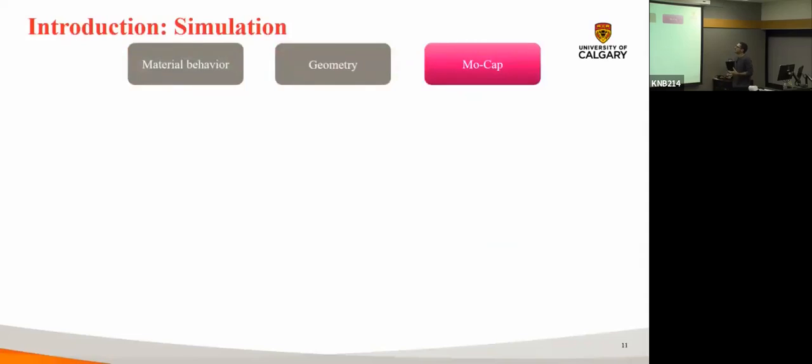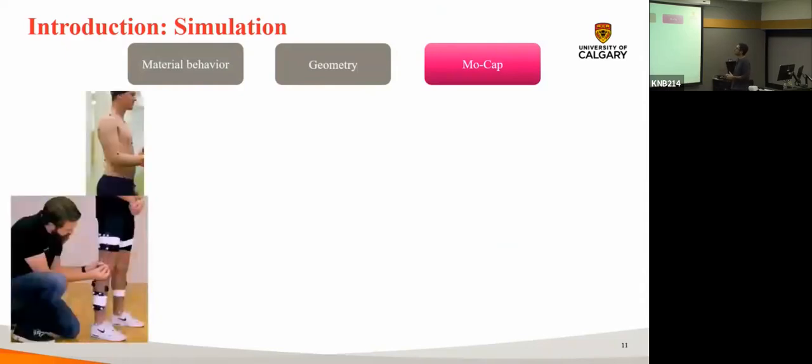The third step in simulation is, okay, you have material, you have geometry, but you need to do simulation to change the state of this model. If you want to change the state, you need to capture the motion of that. So we call that motion capture or mocap. The gold standard is marker-based motion capture.